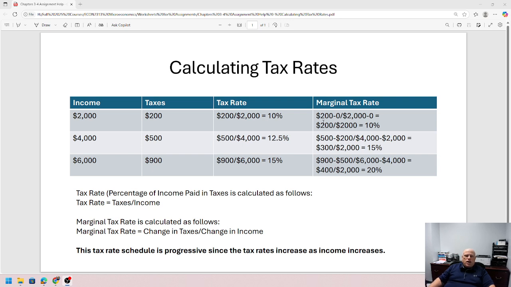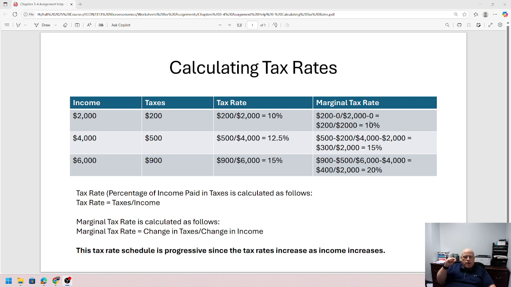So you're going to end up with the same 10% value because that's where we're starting. On the other incomes, it's going to be a little bit different.